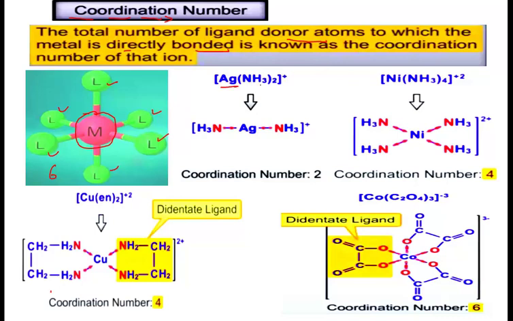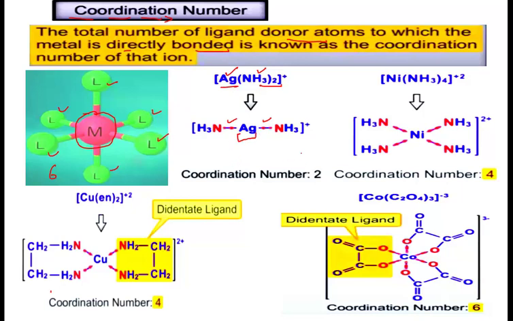Now let us take some examples. For example, [Ag(NH3)2]+. Ag is the central metal atom and NH3, twice, is the ligand. Is it monodentate or bidentate? It's a monodentate ligand, and there are 2 such ligands. So there will be 2 coordinate covalent bonds formed with the central atom by these ammonia ligands.